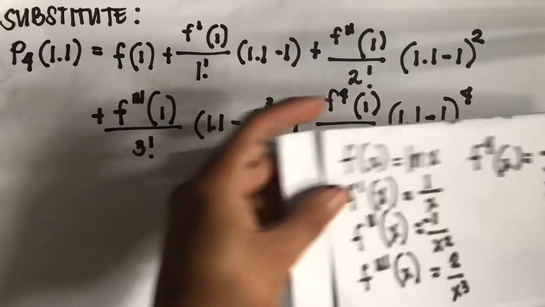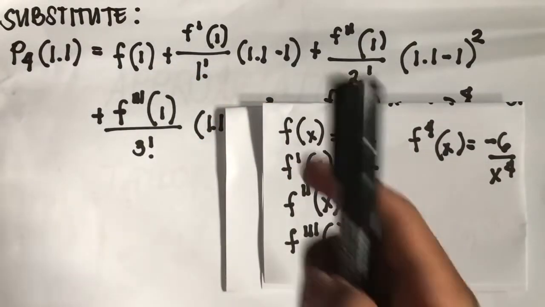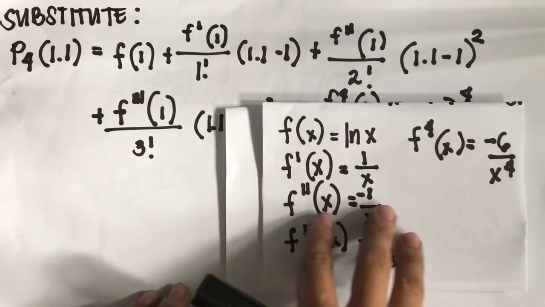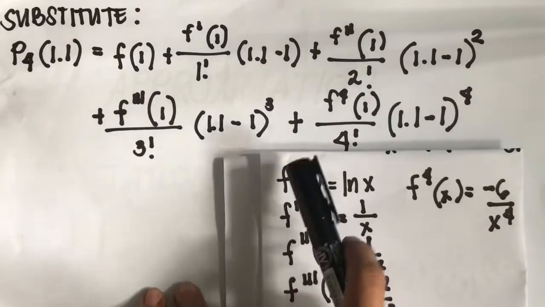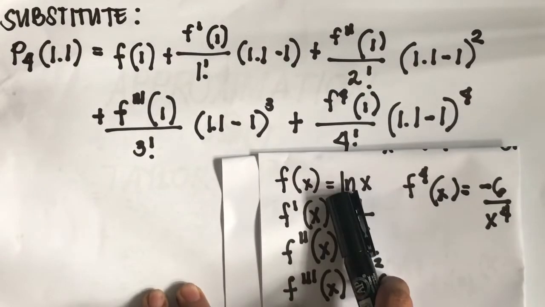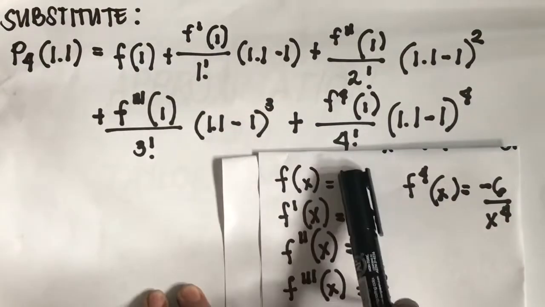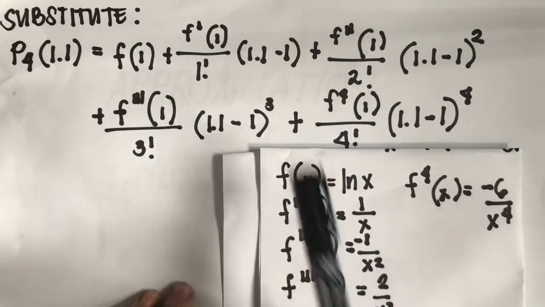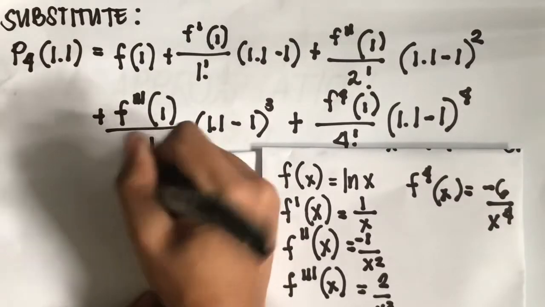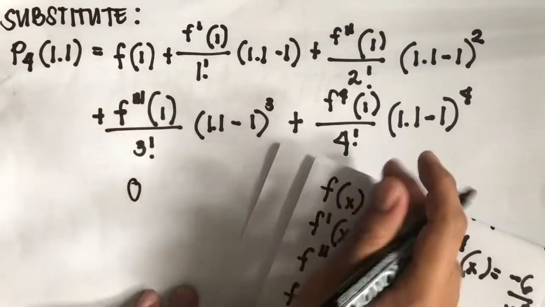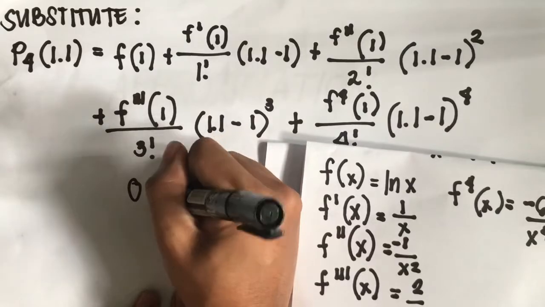Alright, so it would be easier now to calculate this because we already have our computed values. f of x is equal to ln x, where our x would be 1. The natural logarithm of 1 is of course 0.